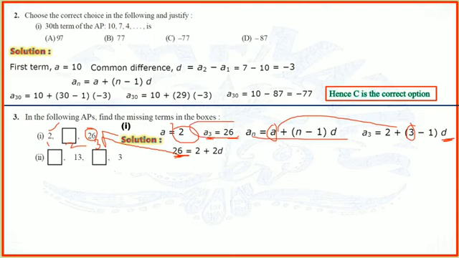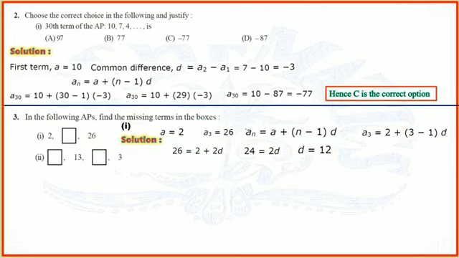Here also we have written it: 2 plus 2d is equal to 26, so 2d is 26 minus 2, which is 24, and d is 24 divided by 2, so d is equal to 12. As we studied, the first term is a, the second term is a plus d, the third term is a plus 2d, and so on.